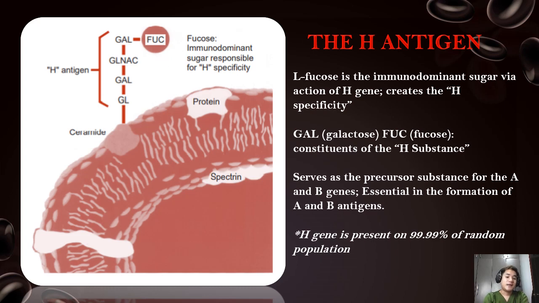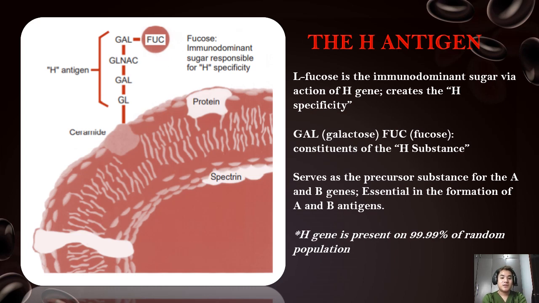Now, as I have mentioned earlier, the H gene codes for the production of L-fucosyltransferase, and the action of this enzyme transfers an L-fucose sugar molecule to the terminal galactose of the precursor substance. And this whole new structure, the precursor with the addition of L-fucose, now builds the structure of your H antigen. As you can notice, the FUC on the GAL, or galactose, now becomes the terminal sugar constituent of the original precursor substance.